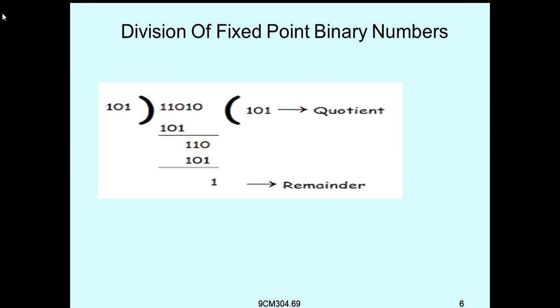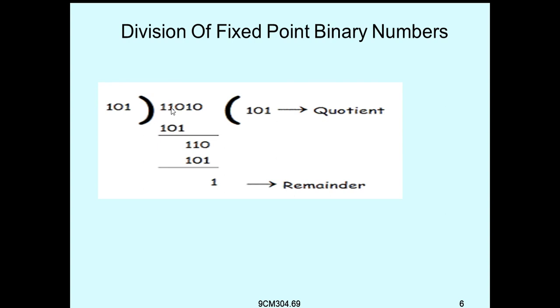The divisor is 5, and 11010: 2 power 0 is 1, and 1 into 0 is 0, and 2 power 1 into 1 is 2, then 2 power 2 into 0 is 0, and then 2 power 3 is 8, and 2 power 4 is 16.